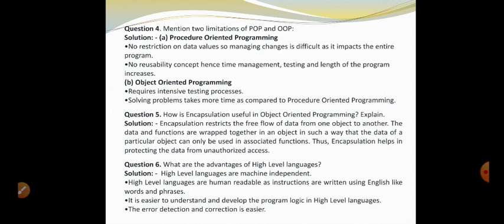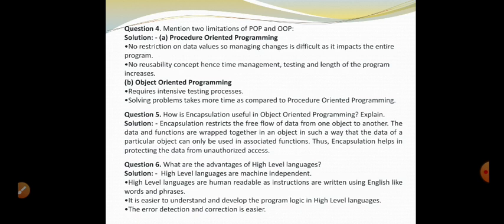Next question is, how is encapsulation useful in object-oriented programming? Explain. Encapsulation restricts the free flow of data from one object to another. The data and functions are wrapped together in an object in such a way that the data of a particular object can only be used in associated functions.